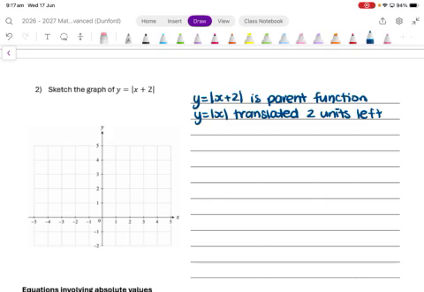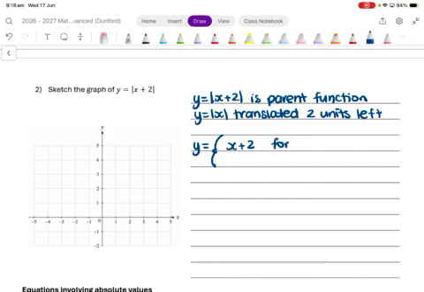Now that's a little bit confusing. How I worked out it's 2 units left is we can work out our piecewise function. So with our piecewise function, we'll have y equals the bracket of x plus 2. That's our positive version.